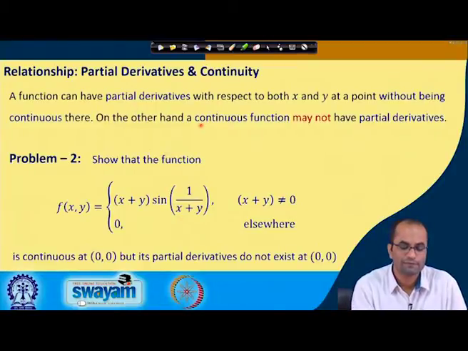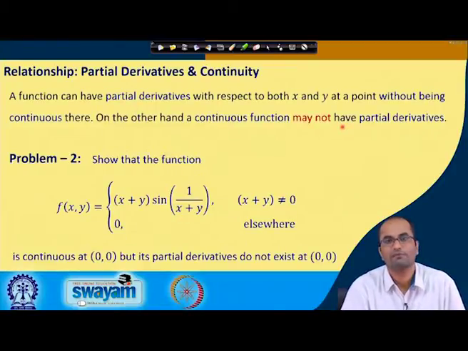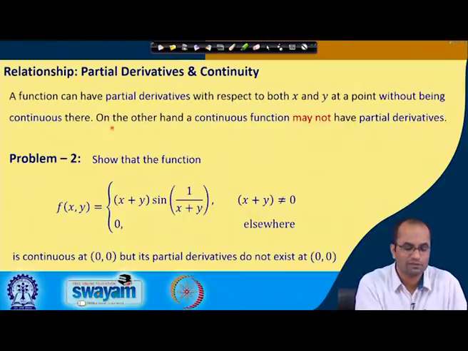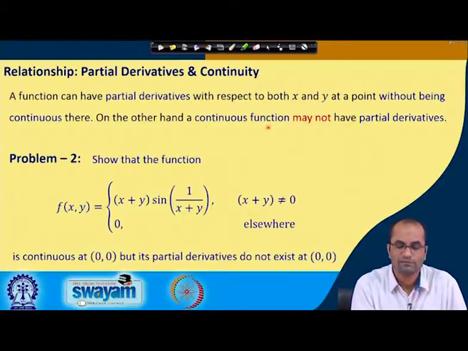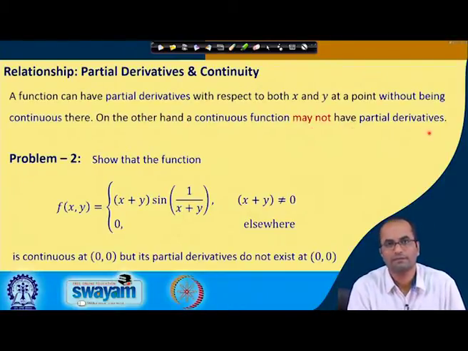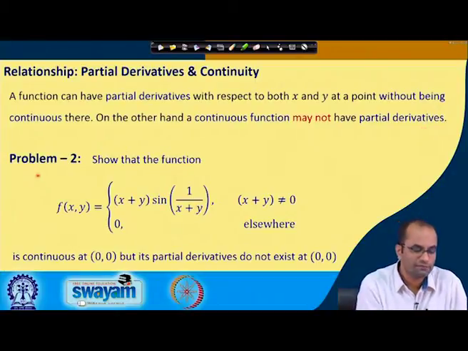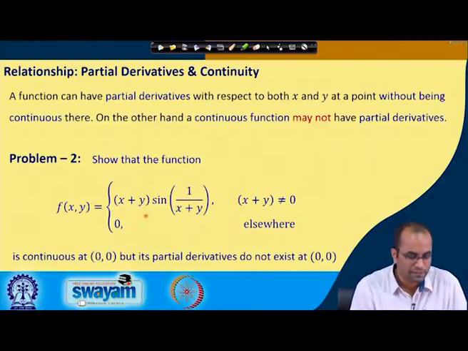On the other hand, a continuous function may not have partial derivatives. So anything is possible, and we will see in this example a function that is continuous, but its partial derivatives do not exist.